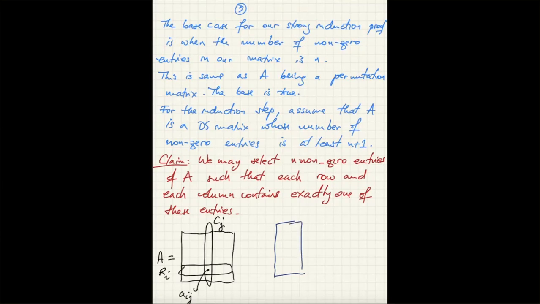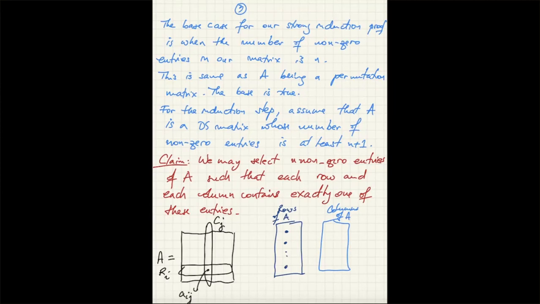The partite sets will correspond to the rows of A, and the other partite set, let me use a different color, will correspond to the columns of A. Now, how does this work?